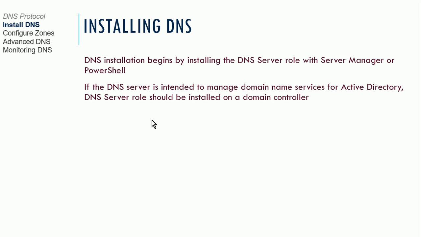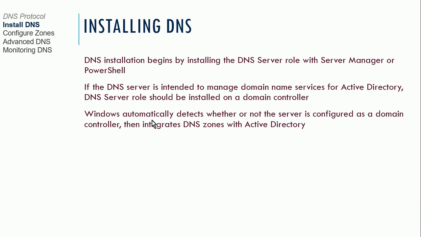You won't be able to run this on a standalone server or a server that is simply a member of the domain. It has to be an actual domain controller. Windows automatically detects whether or not the server is configured as a domain controller and then integrates the DNS zones with Active Directory. There are some special things that we have to have with DNS. If you run DNS in Windows without a domain controller, it works fairly well. It's a decent DNS server, but it is not integrated with Active Directory.